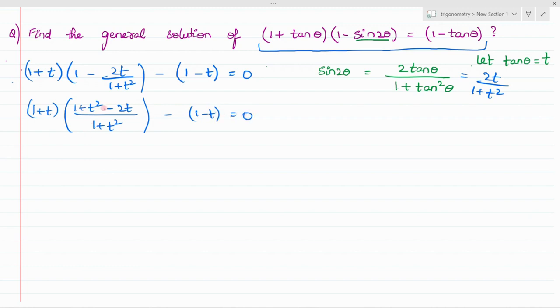So this is in the form of a minus b whole square. So it becomes 1 minus t whole square upon 1 plus t square, times 1 minus t.